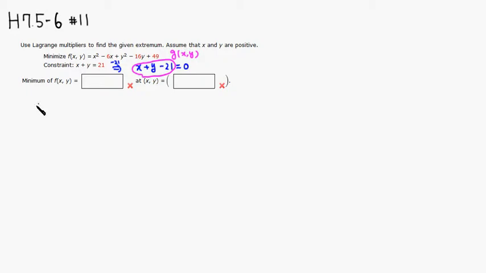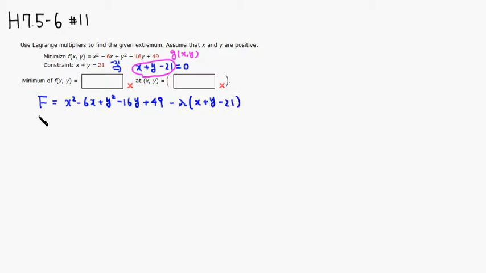Alright, so let's cook up the capital F function, which is kind of long: x squared minus 6x plus y squared minus 16y plus 49, minus lambda times g of x comma y, which is x plus y minus 21.